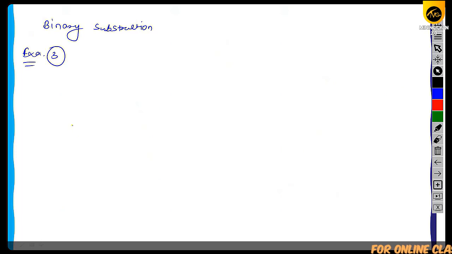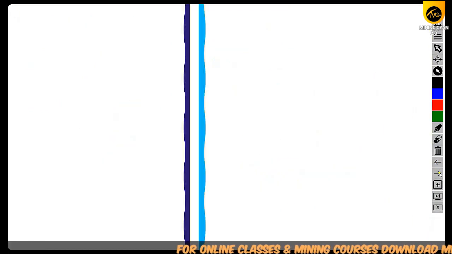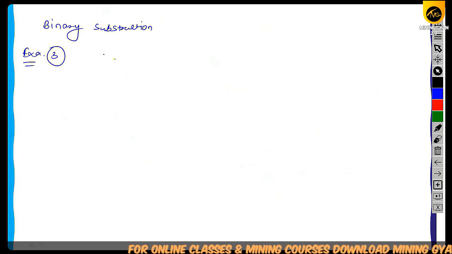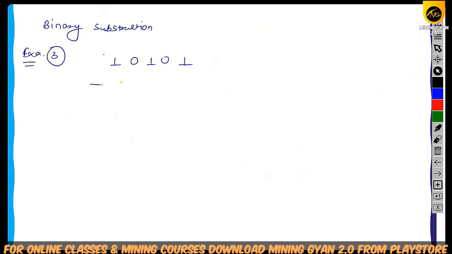Okay, the next example is, suppose, okay, the last example was not repeated. So the third example is 10101 minus 10011.